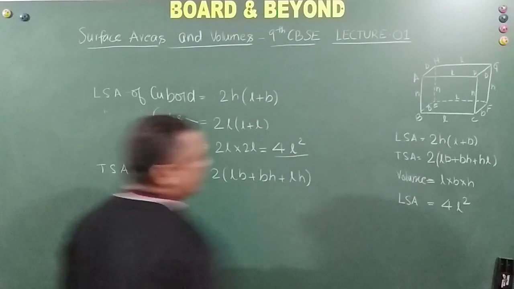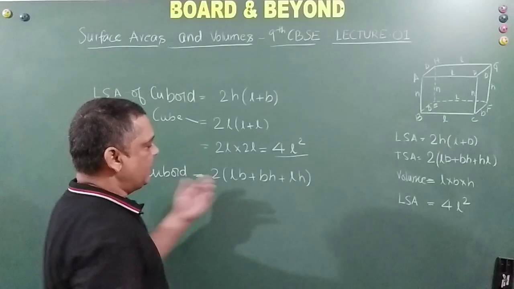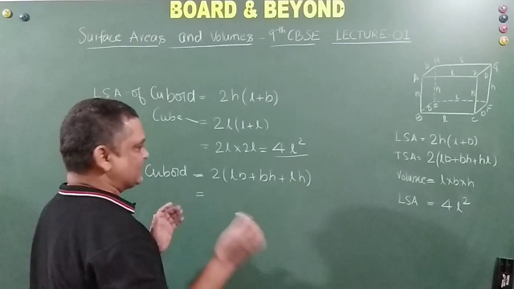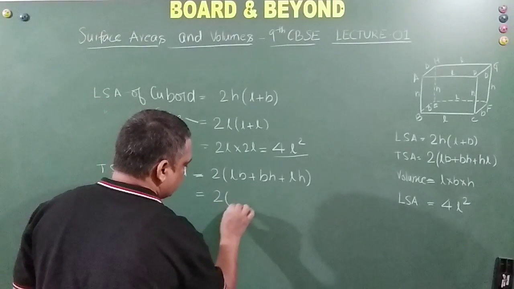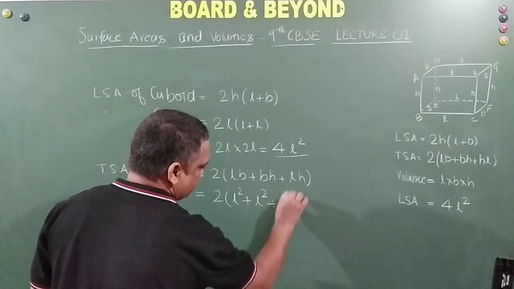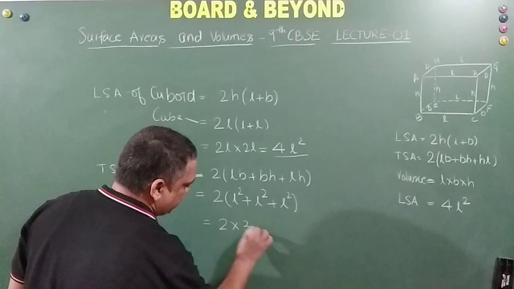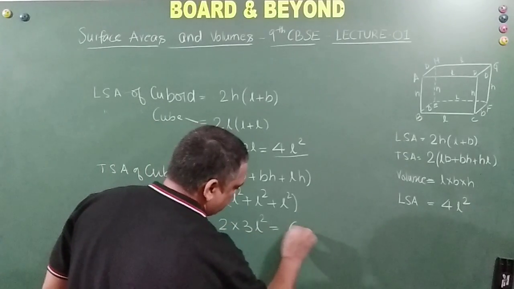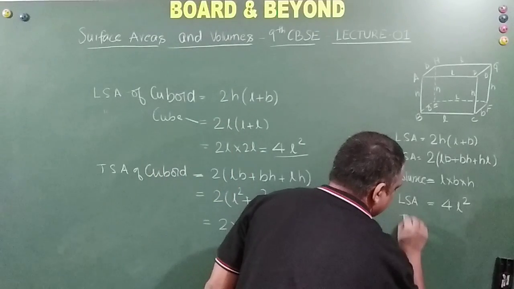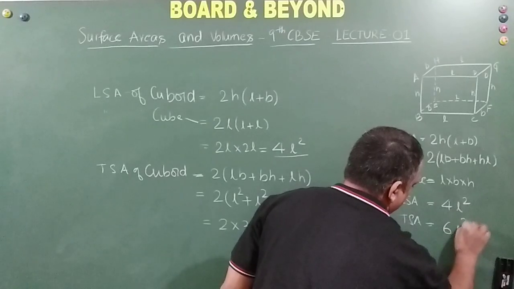Here, what we are going to do is replace everything with L. That will give me the total surface area of a cube. So this becomes L square, this also L square, plus this also L square. So this becomes 2 into 3L square, which is equal to 6L square. Right, friends? So this is total surface area. Total surface area is equal to 6 into L square.